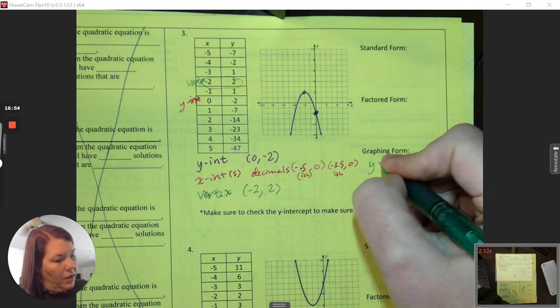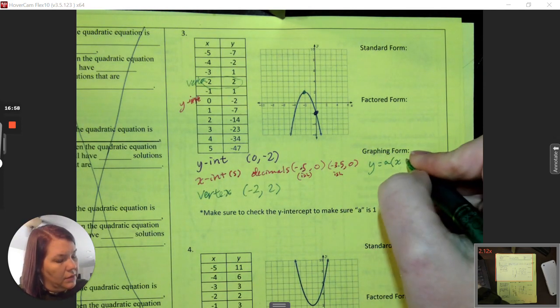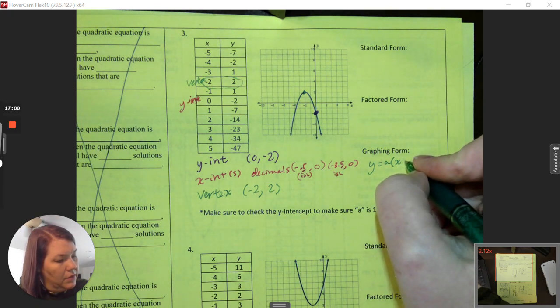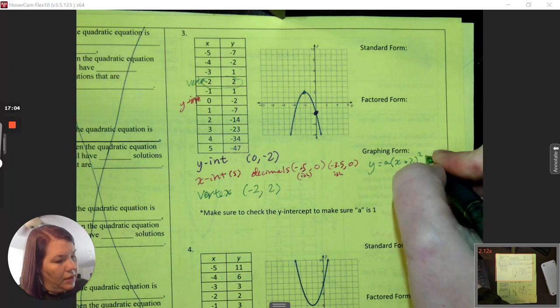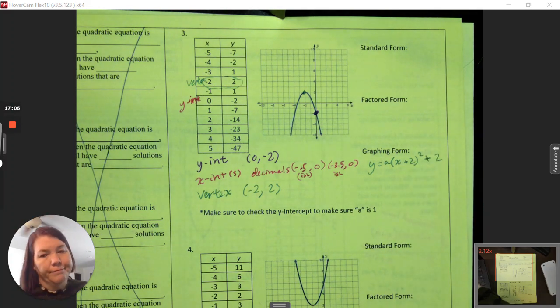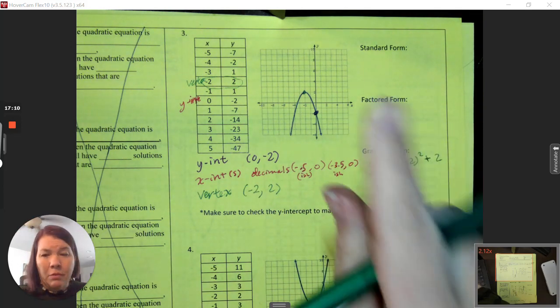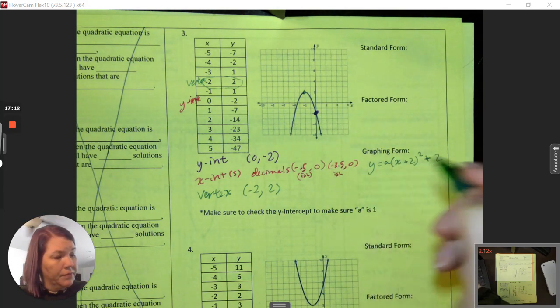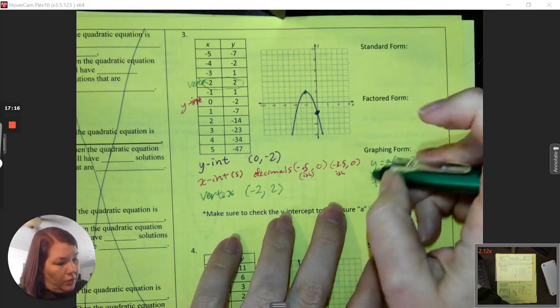Y equals a times (x plus 2) squared plus 2 on the outside. Then we need to figure out what a is. So we do that by plugging in the y-intercept, which would give me -2 equals a times (0 plus 2) squared plus 2.